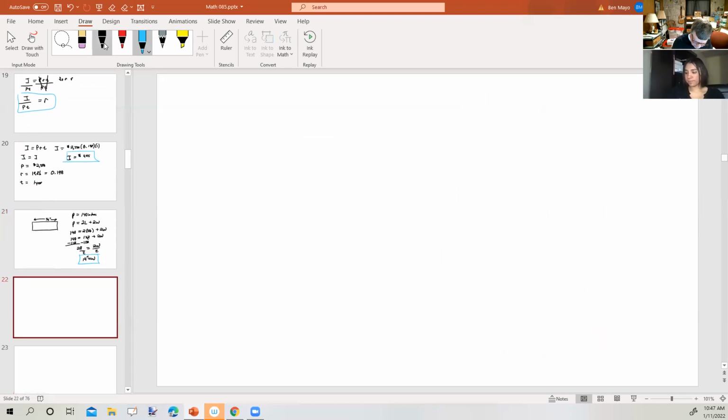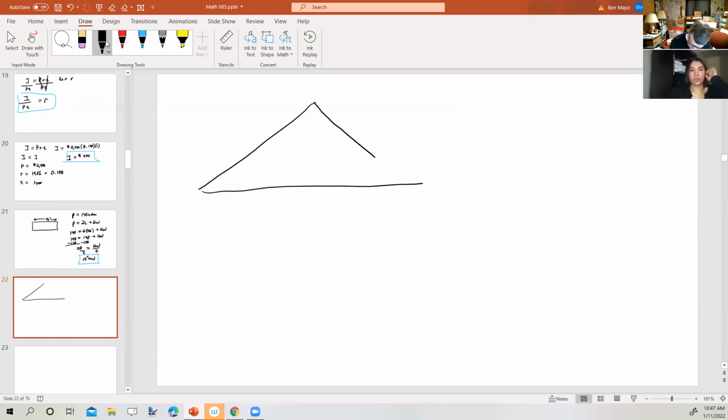Okay, next we have a, what is this, a triangular kite. And let's see, this is called the wingspan. Okay. It says 650 square inches of nylon cloth were used to make the kite shown.